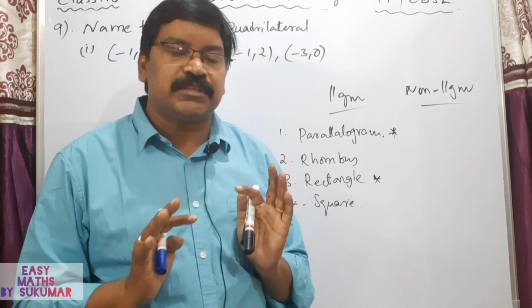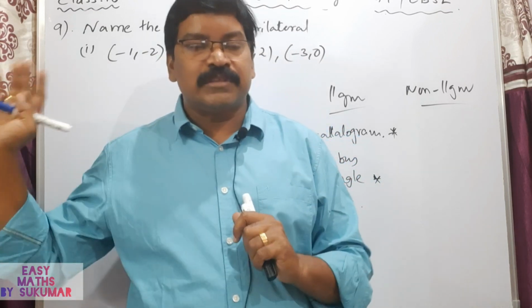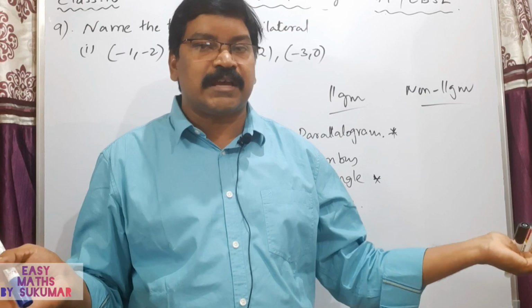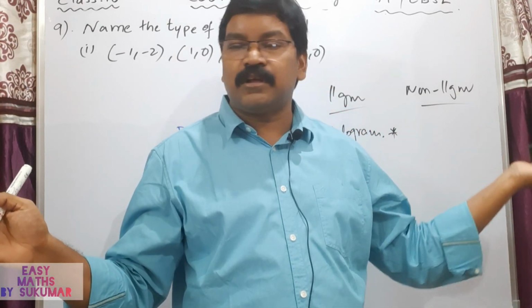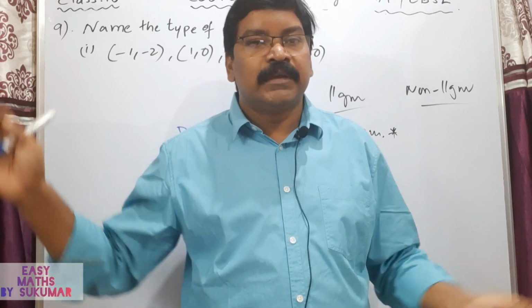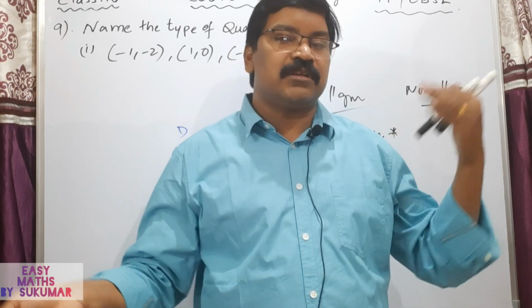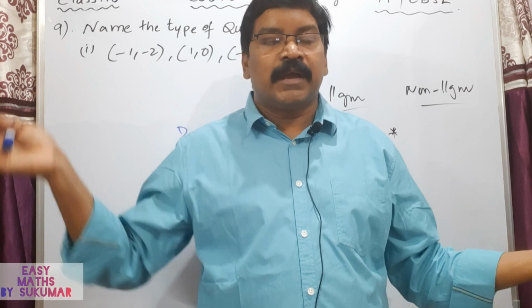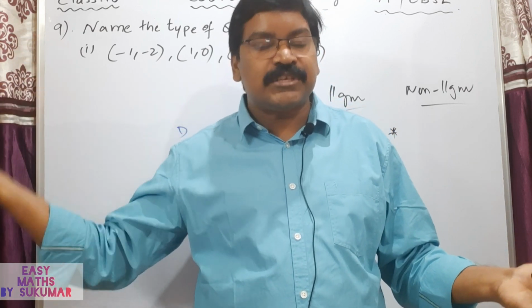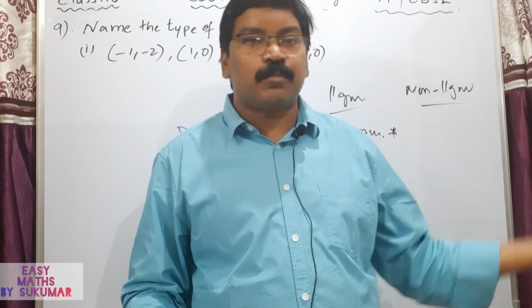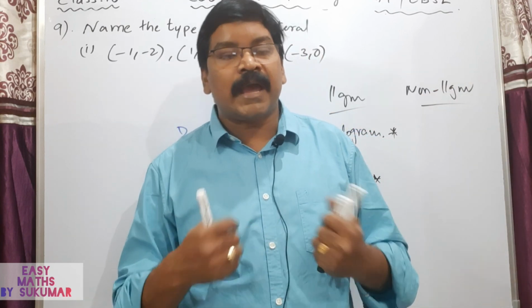I hope you understand these two properties. One side parallelogram and another side rectangle. In a parallelogram, opposite sides are equal, and here also the opposite sides are equal. Here the diagonals bisect each other, and here also the diagonals bisect each other. But in the rectangle there is an additional property: the diagonals are equal.